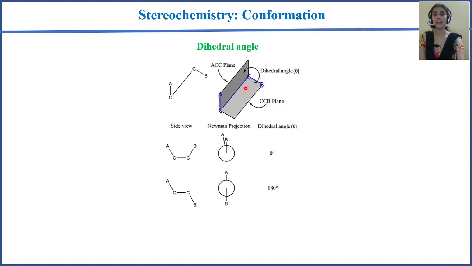Now I think it is clear. The ACC plane contains the line AC and the CCB plane contains the line CB. The angle between these two planes is theta, so the angle between AC and CB is again theta, and theta is termed the dihedral angle. Since this is a 3D projection, not a 2D projection, it is known as the dihedral angle.